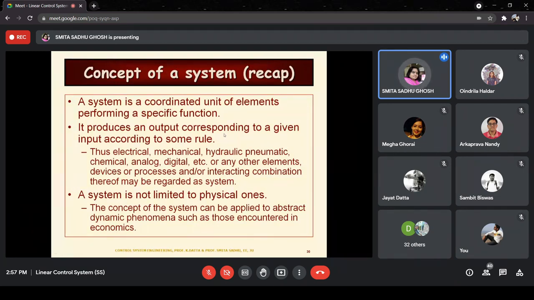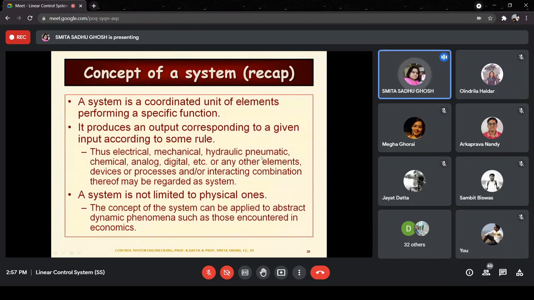Now it produces an output corresponding to a given input according to some rule. So as far as the system is concerned, the system may be physically an electrical system, or a mechanical system, a hydraulic system, pneumatic system, chemical system, analog or digital, or any other elements, devices, or processes or interacting combination thereof together would be considered as a system.